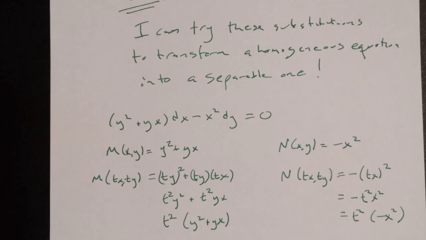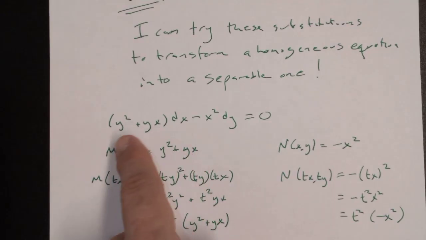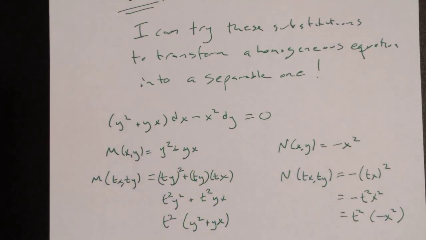In linear, we used the idea of homogeneous to talk about the form of the equations. They were all linear equations, number x, number x, number x equals 0. Here I'm using it to think of the powers involved. Each of these 3 pieces, y squared, yx, and minus x squared, they're all basically squares.